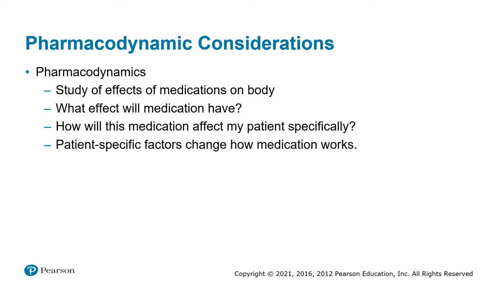So if you've got elderly patients or patients who have cirrhosis of the liver or anything like that, the medication may not work as well, and you may have to have a bigger dose or something like that, because all medications go through the liver to get weeded out, basically.